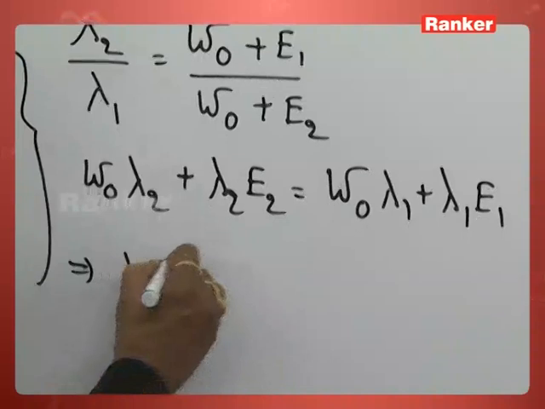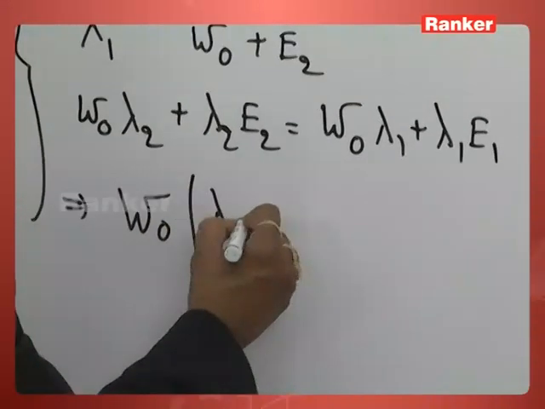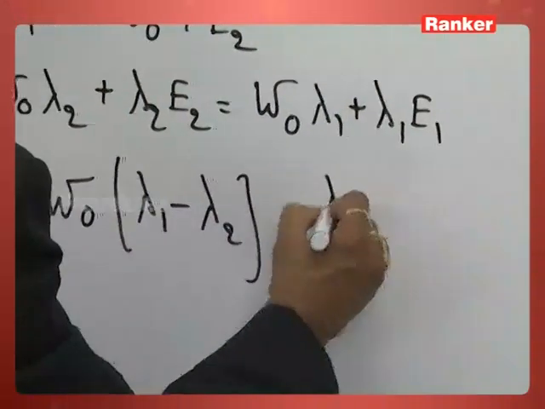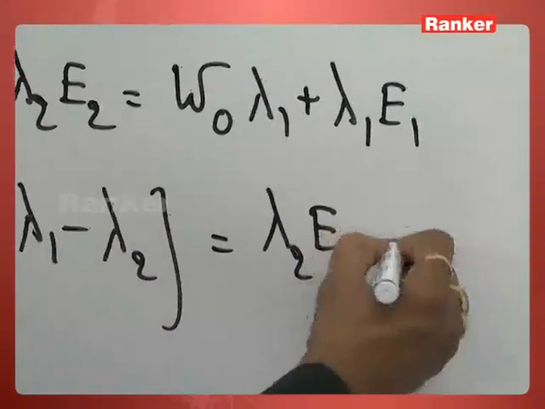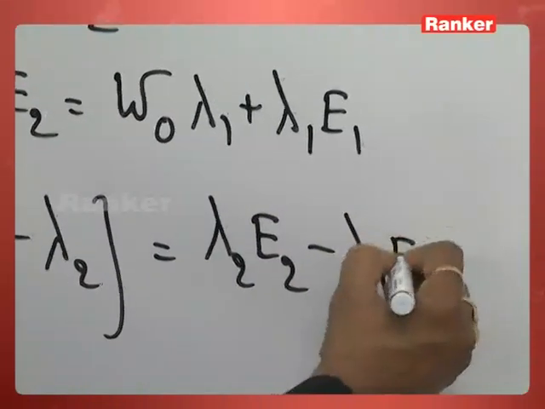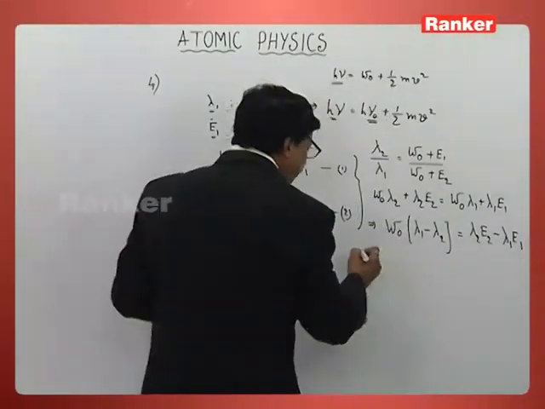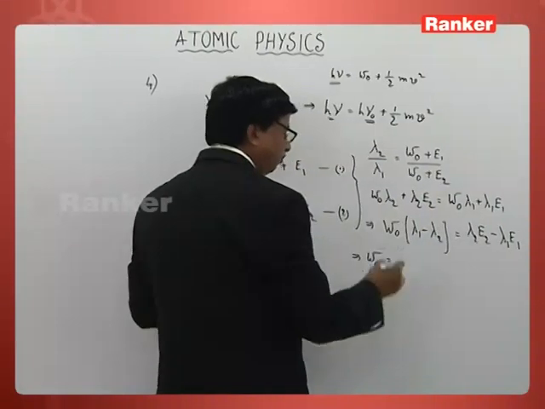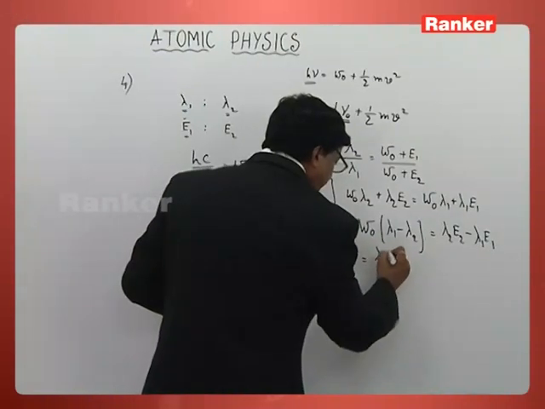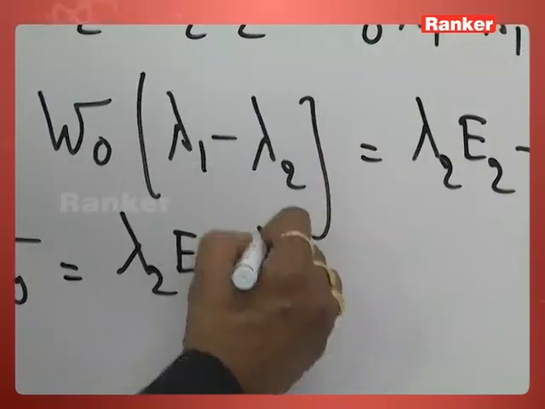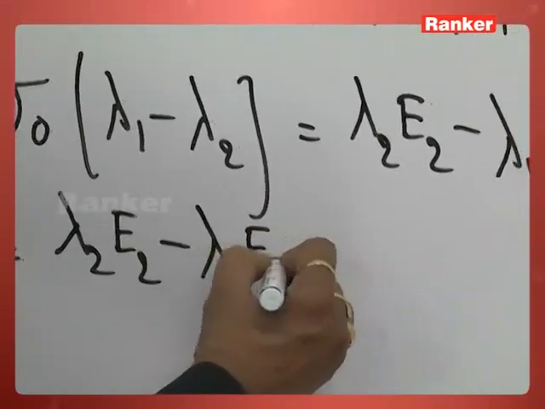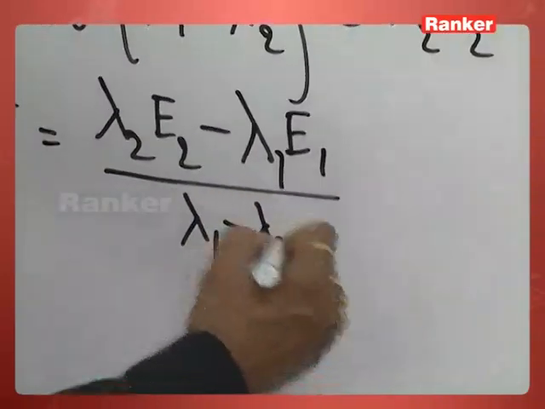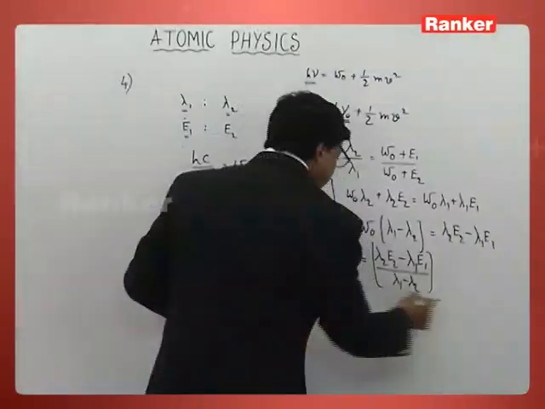Then it becomes W naught into lambda 1 minus lambda 2 is equal to lambda 2 E2 minus lambda 1 E1. And of course, what we want is W naught. So directly I can say W naught is lambda 2 E2 minus lambda 1 E1 whole divided by lambda 1 minus lambda 2. This is the ultimate result for us.